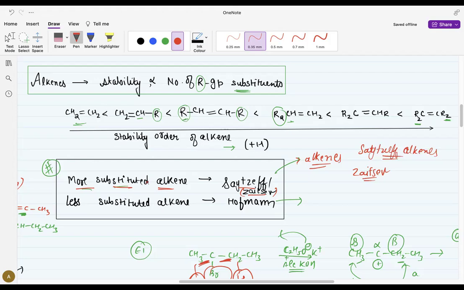जिस alkene के ऊपर you have more R groups, you have more substitution on the alkenes, those alkenes are known as Saytzeff alkenes. And if you have less substituted alkenes, those alkenes are known as Hofmann alkenes.